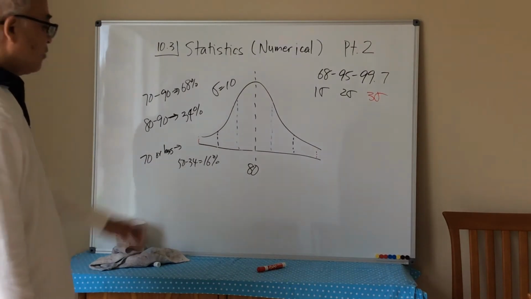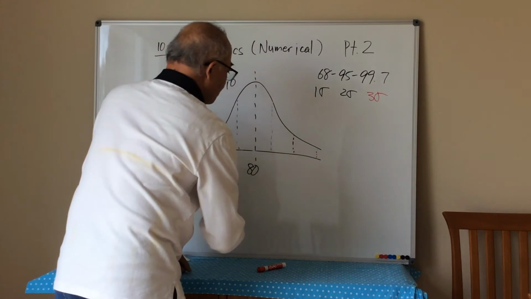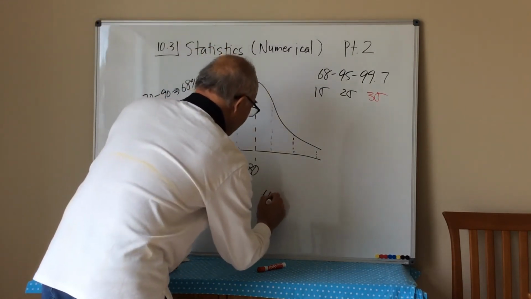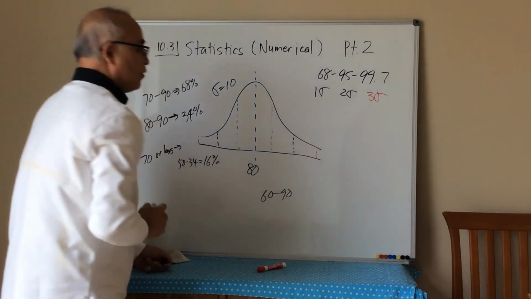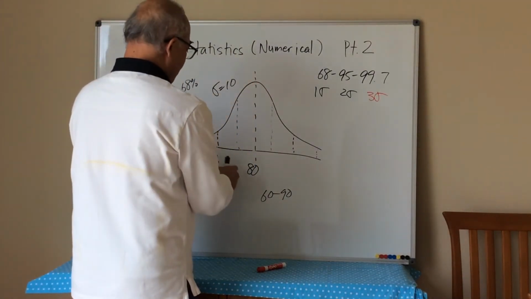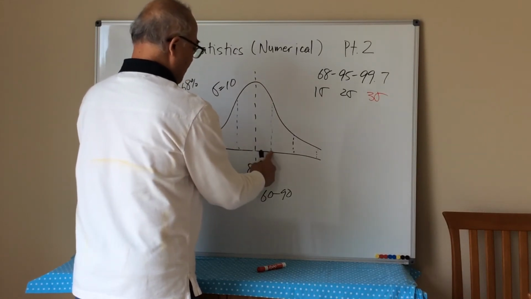Okay? Gets a little tricky here, right? If I ask you how many people scored between, let's say, 60 and 90, how would I do that? From 60 to 90, right?